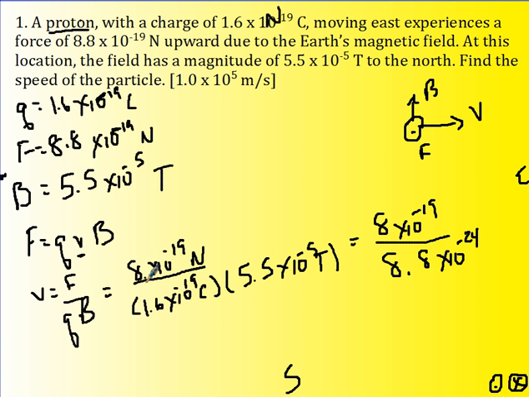So when I take 8.8 times 10 to the negative 19, and I divide by 8.8 times 10 to the negative 24, I get 1 times 10 to the 5th meters per second.